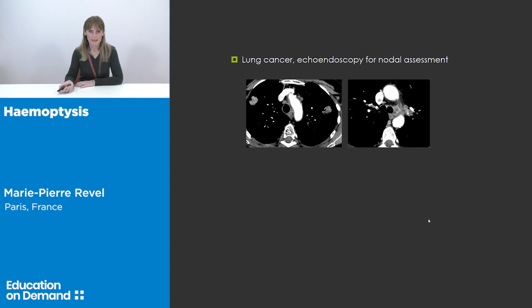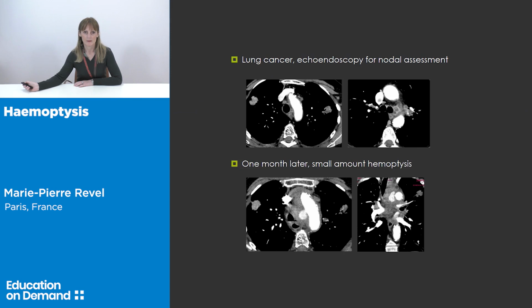A more recent case, a patient with lung cancer, two different tumors, and probably nodal invasion. So the patient was referred for echoendoscopy, and 1 month later, she presented with a small amount of haemoptysis.